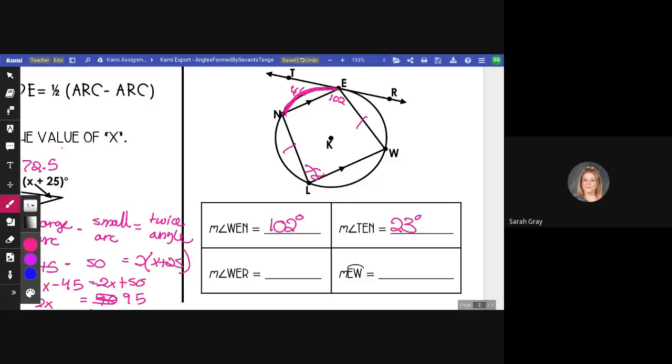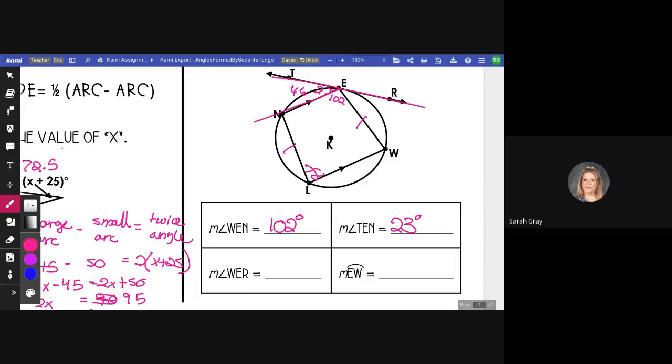Angle WER on the other side of there. Okay, we can figure that one out. We don't know anything about its arc, because its arc would be EW. I don't have an angle that forms that arc. But I do have 3 little angles that are making up one straight line.